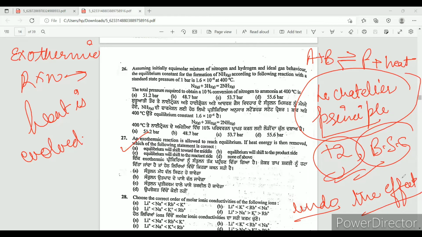So you are removing the heat, so equilibrium will shift to the opposite side where heat is increased. Where are you observing heat? On the product side. So equilibrium will shift towards the product side. I hope the question is clear.